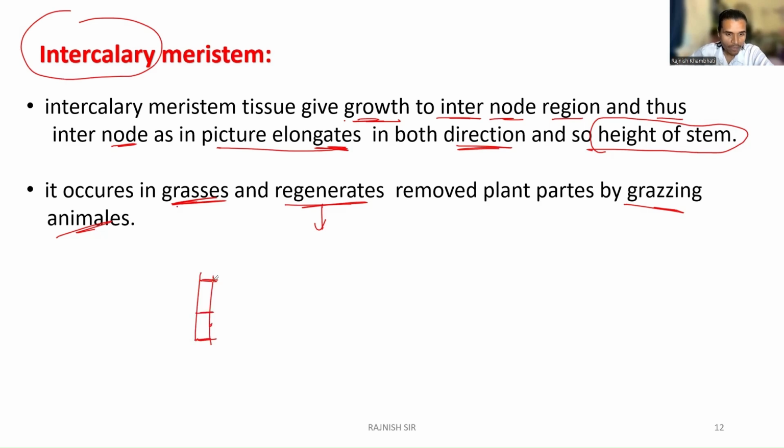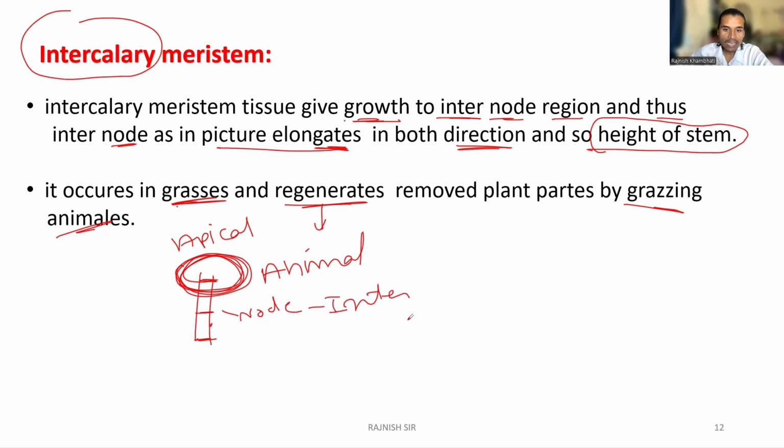So for example, if the upper portion is getting eaten by animal, which may contain apical meristem, but behind this is the node. In the node, intercalary meristem is present, and it later on gives growth. That is how grasses do not die even after being eaten by grazing animals.